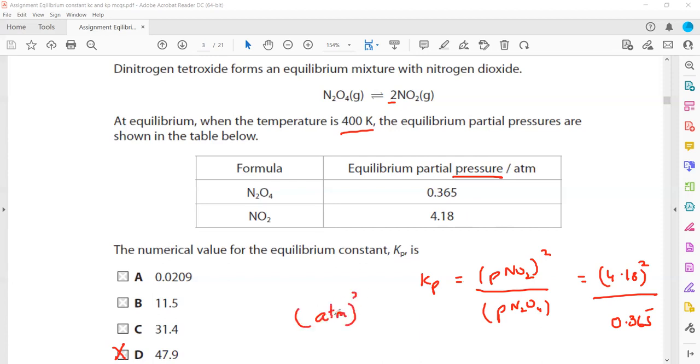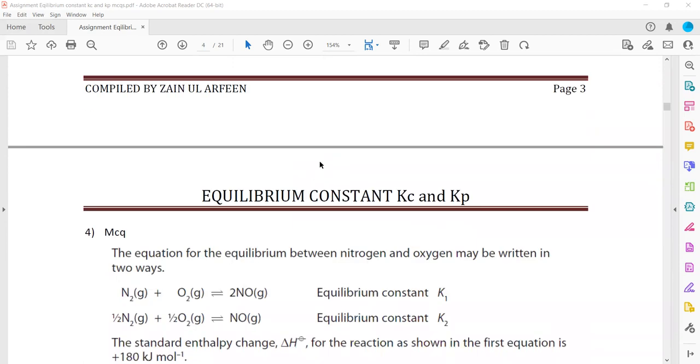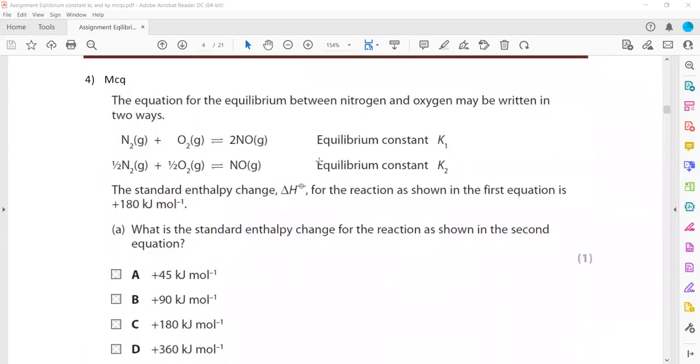So the numerator is atm squared and the denominator is atm. This will simplify, and we are left with only atm. So it will be 47.9 atm. But again, it may have different units, like atm squared, atm -1, -2, depending on the type of equation. Or it may sometimes not have a unit as the units cancel out each other.